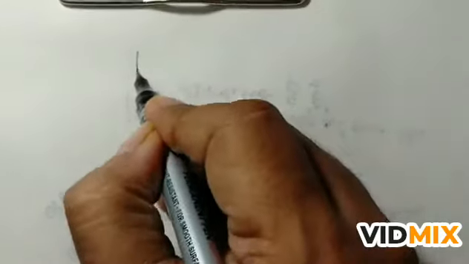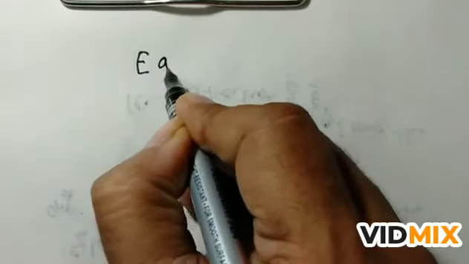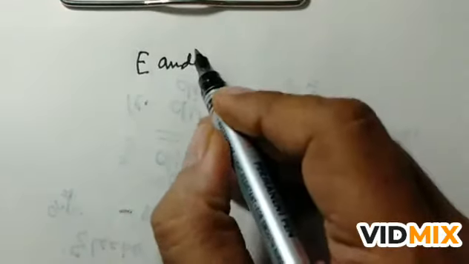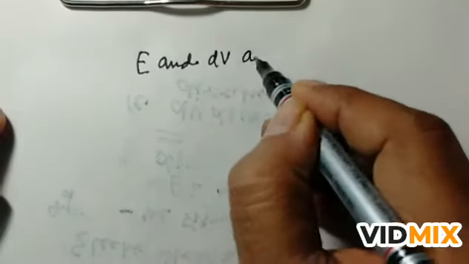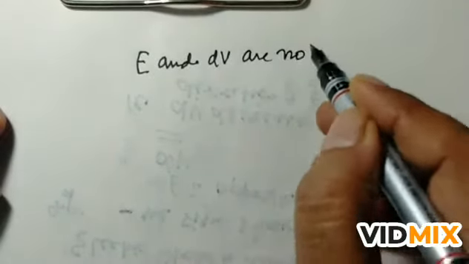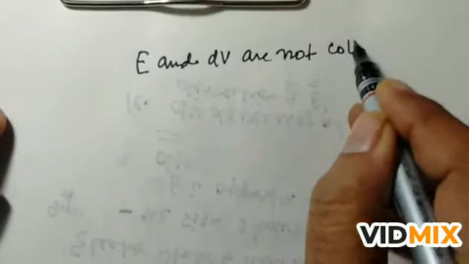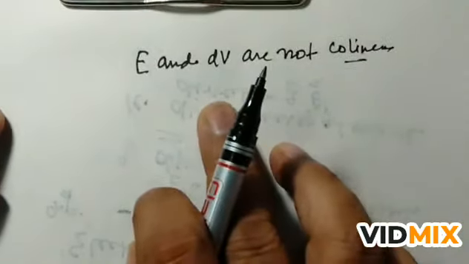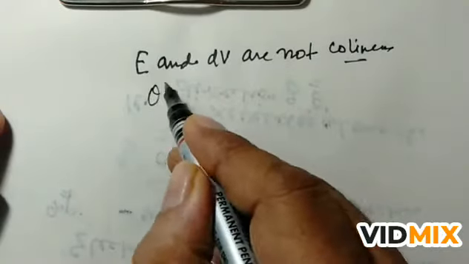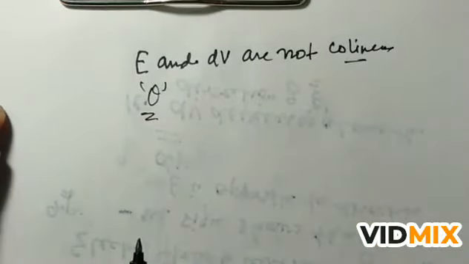Suppose E and dV are not collinear, meaning they are not in a straight line, and they make some angle theta between them.